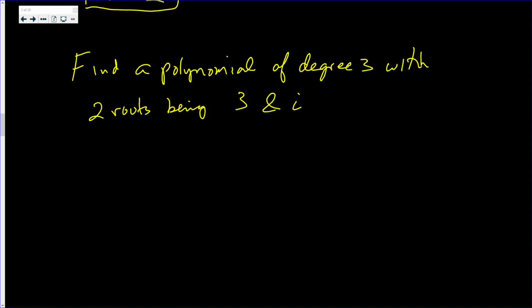Now, when I say find a polynomial, I mean with real coefficients. The coefficients are real numbers. In case that's been bothering you, x cubed, x squared, x and a constant. The coefficients have to be real numbers, like 2/3, or the square root of 7, or -pi.